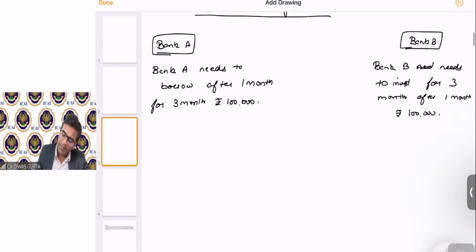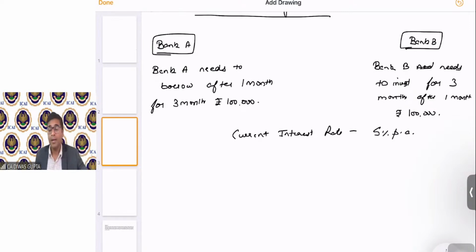Now, there is some additional thing that we need to understand: current interest rates are at, let's say, 5% per annum. But for this transaction, do you think the current interest rate matters? No. Why? Because we are not talking about doing this transaction today. We are talking about lending or borrowing 1 month from now.